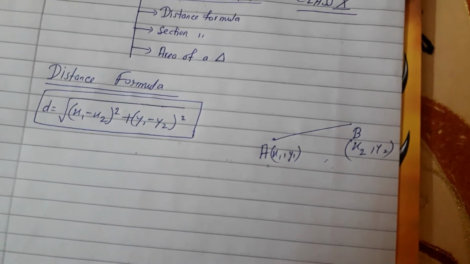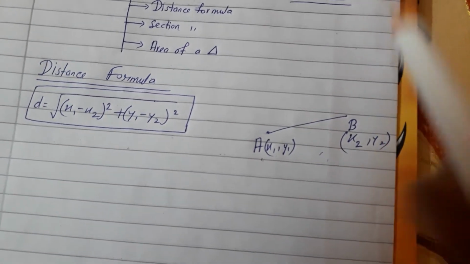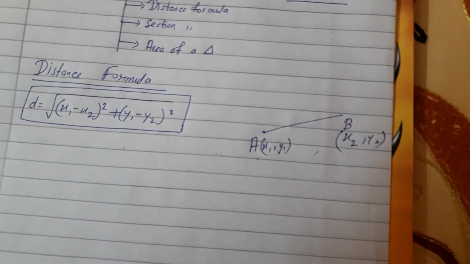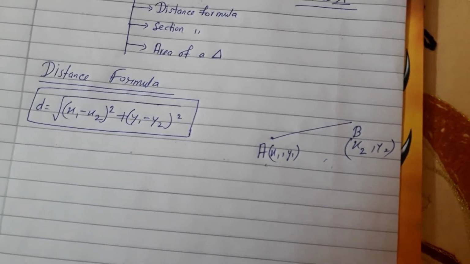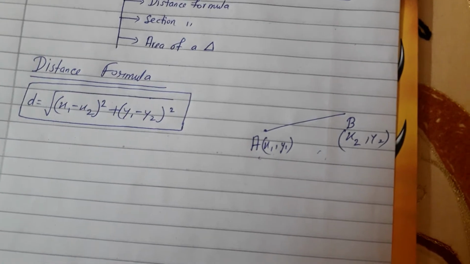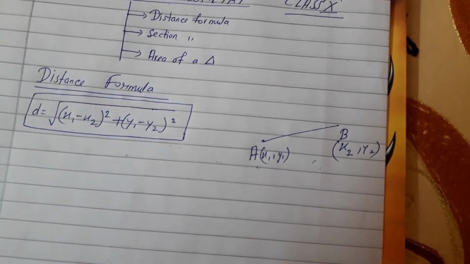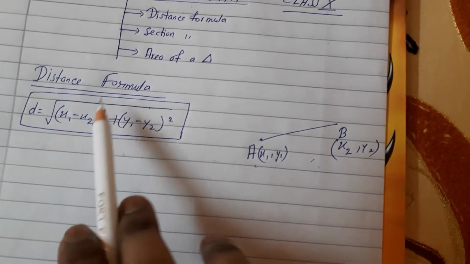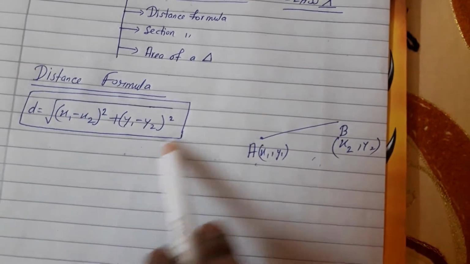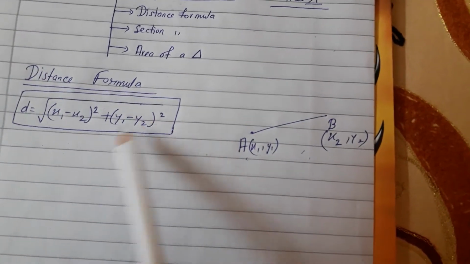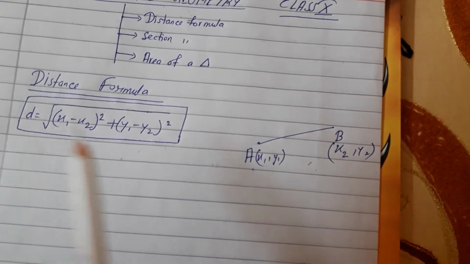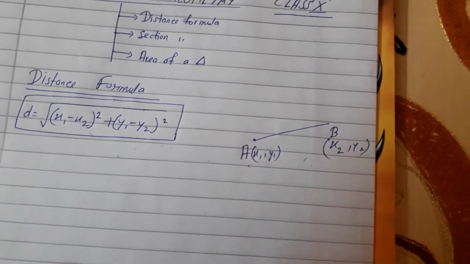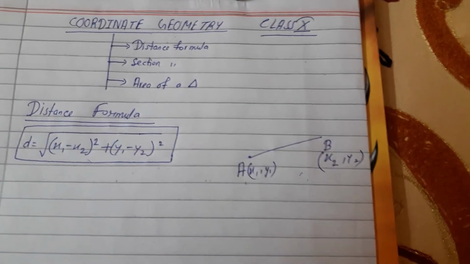In that case you have to find the distances between these four vertices, then match them with the properties of a rectangle. You already know the properties of a rectangle and a square. So this type of question can come from the distance formula. This formula is very easy, so keep it in your mind and always find the distance using this formula. Now next comes the section formula.